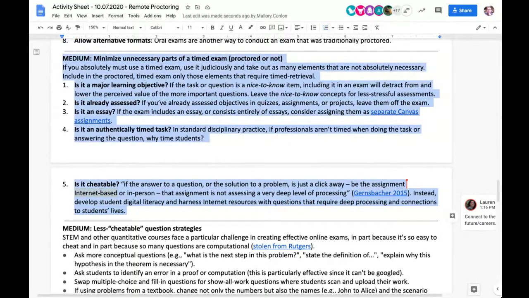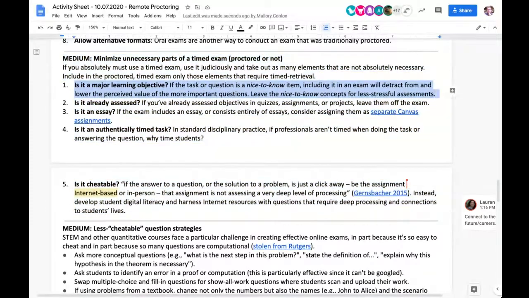Yes, thank you. I've got a section in here on that, really good points and well taken. There are things that you don't have to have in a timed test, right? If it's just a nice to know item, why add that stress level for something that's not needed? If they don't need it to have an authentically timed task in the discipline, do you need to add that stress by making a timed task for the students here, recognizing that this is an exceptionally stressful time?